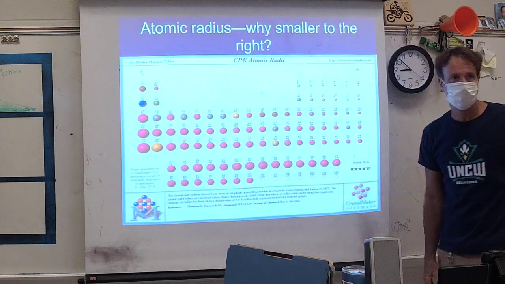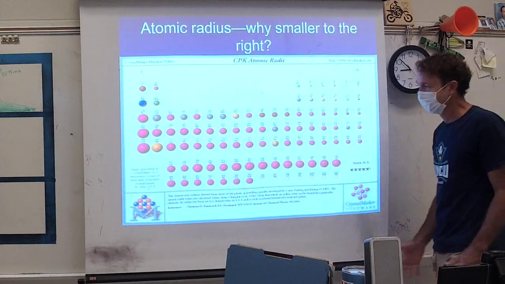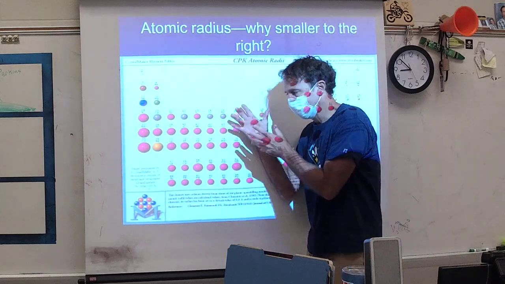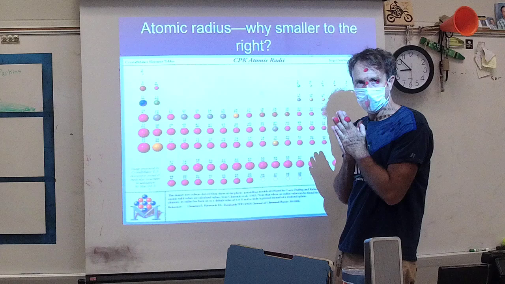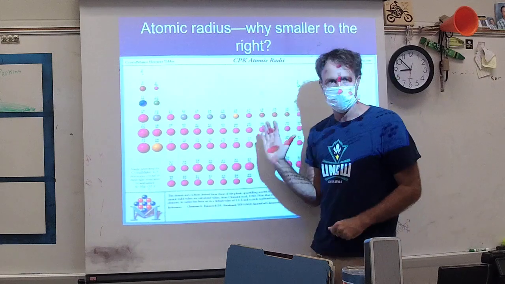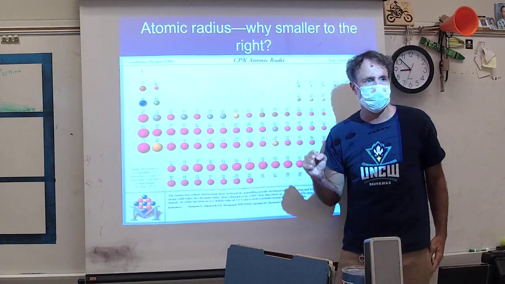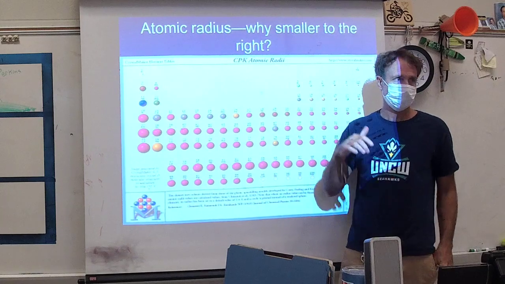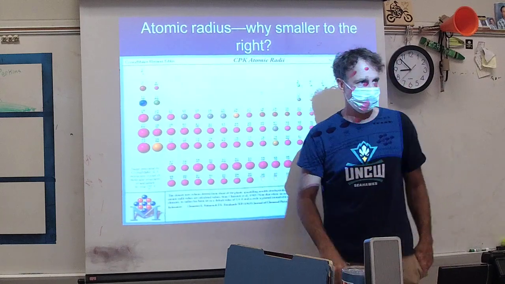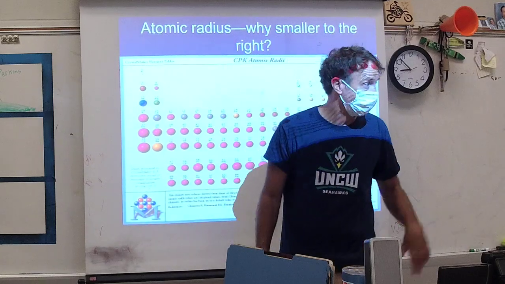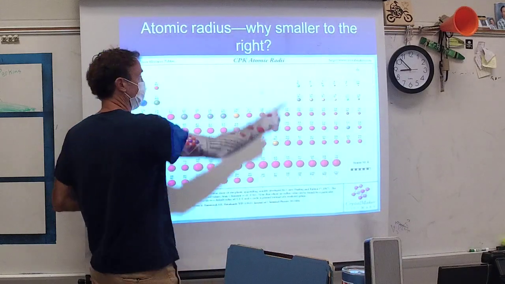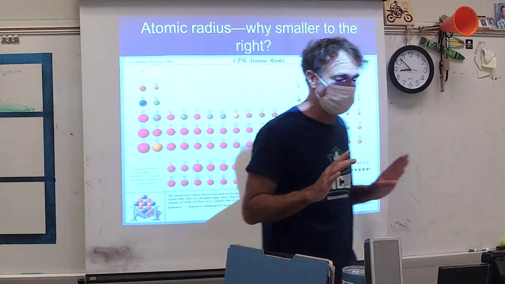These are the atomic radii, okay? And this is just a comparison of all the atoms, all right? Now, if you'll notice, in which corner is the largest atom, Carlos? Which corner is the largest atom? Bottom left. And in which corner is the smallest atom? Top right. So that's the trend you need to understand.